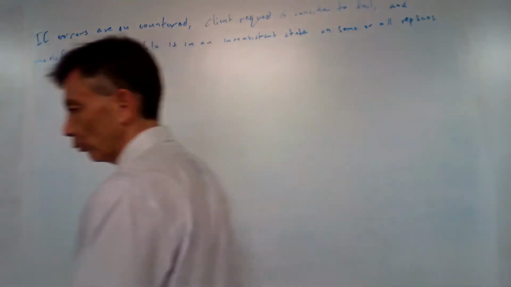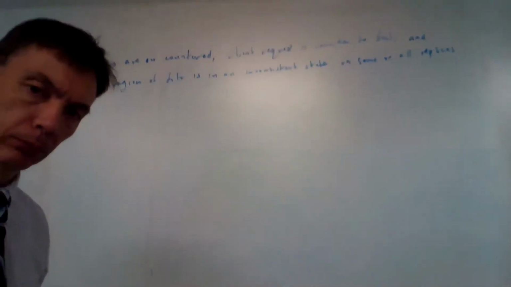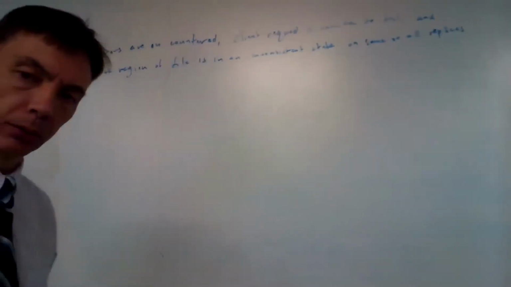So if an error happens, we don't really know what happened. We just know things went wrong. That means that maybe some of the replicas didn't write the data in the right order, maybe they didn't write all of it, maybe all of them got screwed up. We have no idea what the actual state of the file is on the primary or any of the replicas at this point. We just know that it's not good.